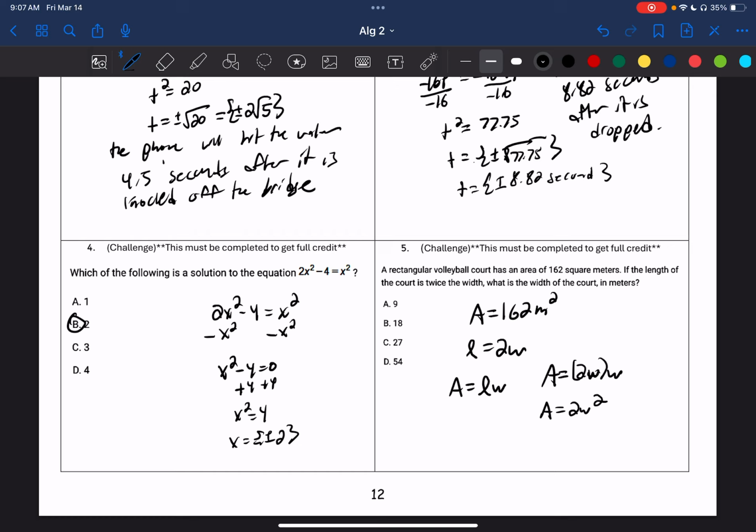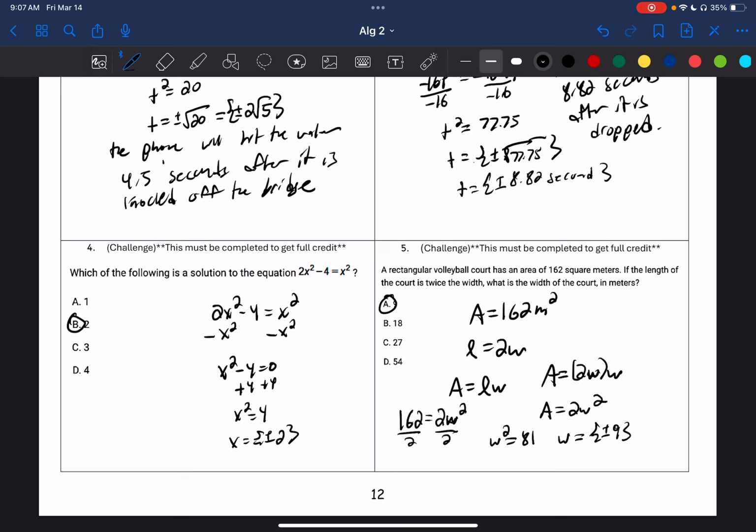And then if we know that our area is 162 square meters, then 162 has to be equal to 2W squared. You can solve this by dividing both sides by 2, and you get that W squared is equal to 81, or W is equal to plus or minus 9. And I see 9 over here, so that's what I'm going to select.